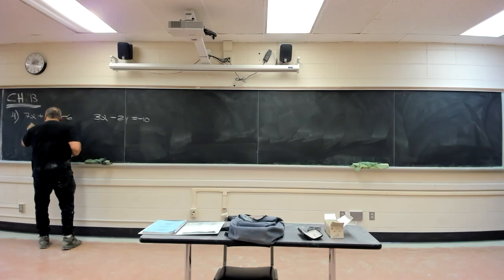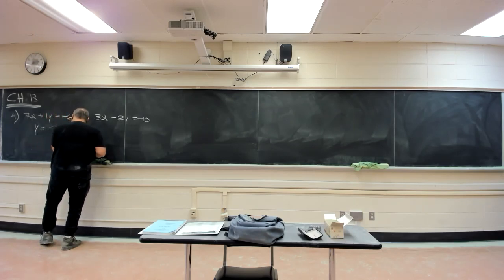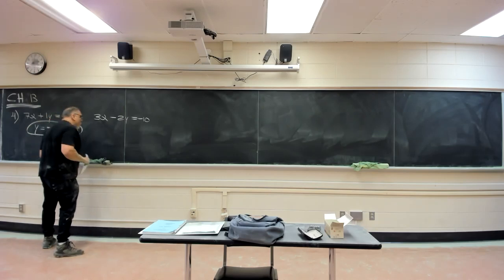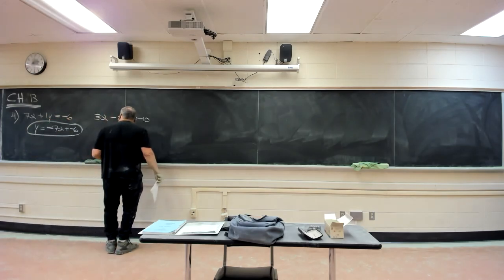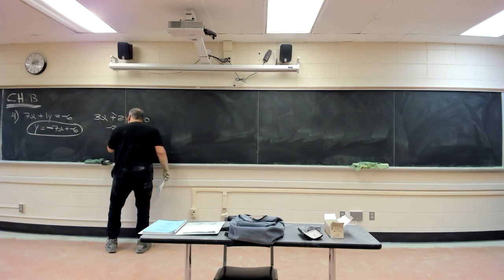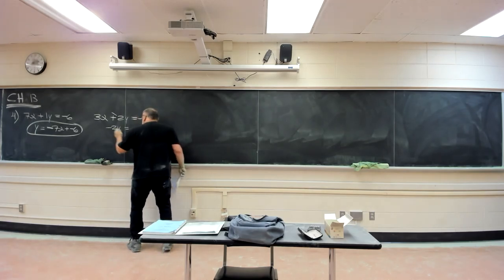Add a negative 7x on each side, and y is going to be equal to negative 7x plus negative 6. This is actually slope-intercept form, a pretty easy way to go. With this one, minus 2y is plus a negative 2y. Add a negative 3x on each side. Divide by negative 2 on each side carefully.